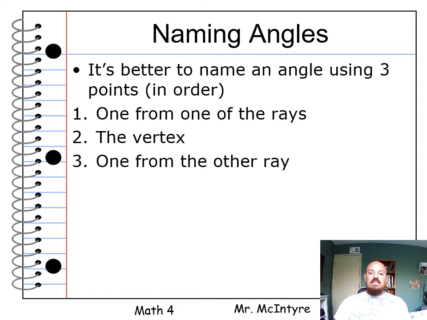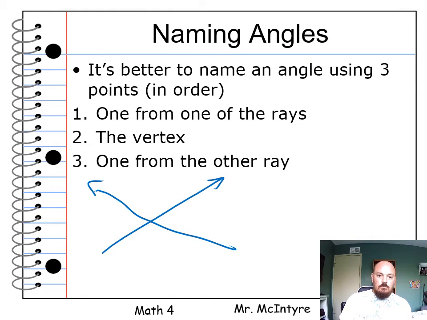So let me add to that picture I just showed you. Remember, we had that picture that looked like this, and we had point A right here in the middle. I'm going to add to it. I'm going to say this is point B, this is point C, this is point D, and this is point E.